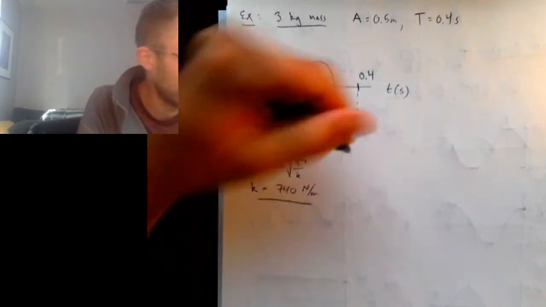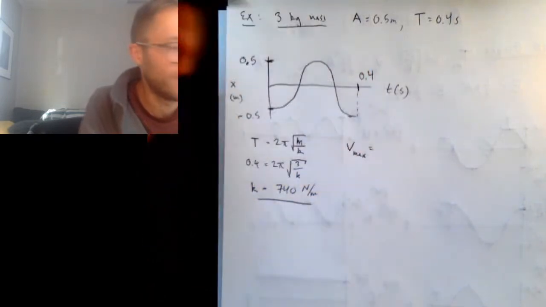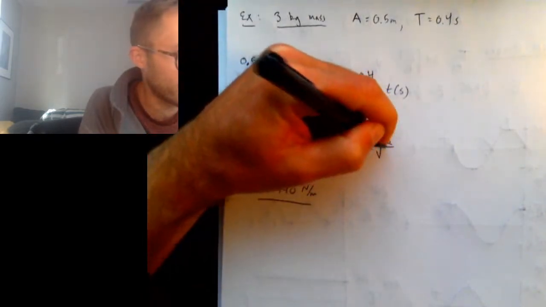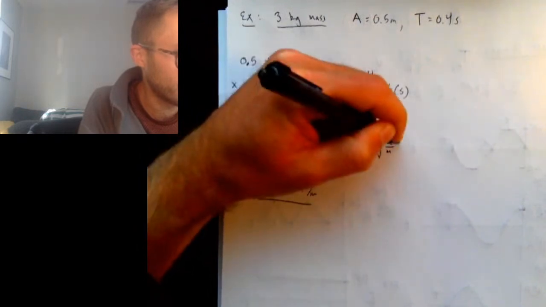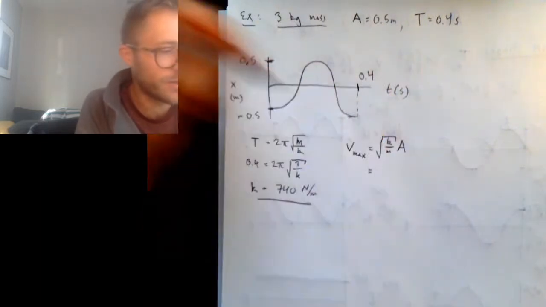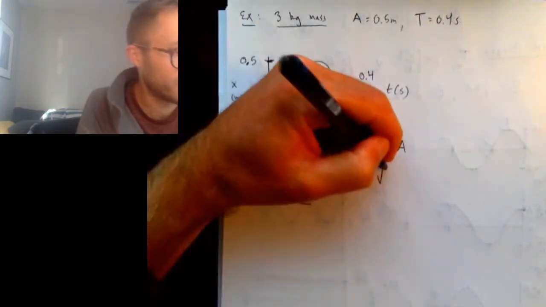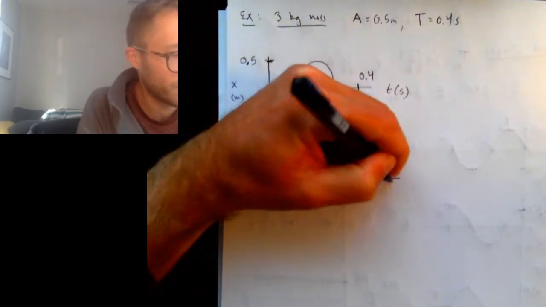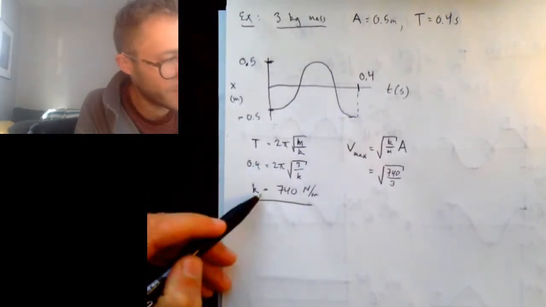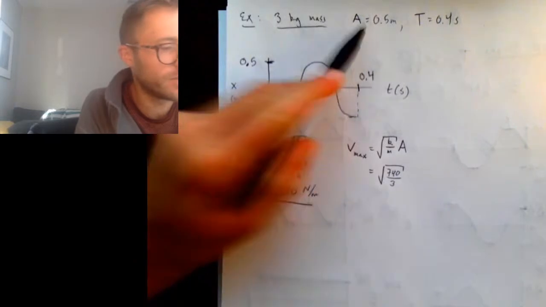Now I'm going to figure out the maximum speed. So Vmax is square root of k over m times the amplitude. That is going to be square root of 740 divided by 3, because I just calculated that k is 740 and the mass is 3, and then the amplitude I know is 0.5.